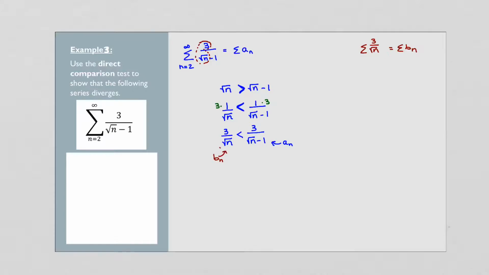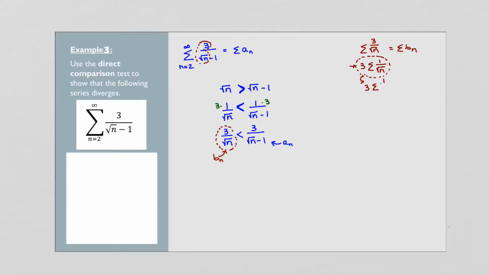Should I choose 3 over square root of n to be my b sub n series? So I think that's what I'm going to do. I'm going to let b sub n equal 3 over the square root of n. And recall, 3 is a constant multiple, so I can pull that outside of my series. So really what I'm looking at is 3 times the series 1 over the square root of n. And what is that? Oh, it's a p-series, isn't it?